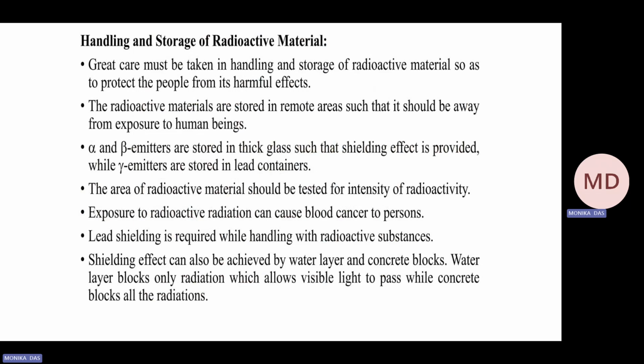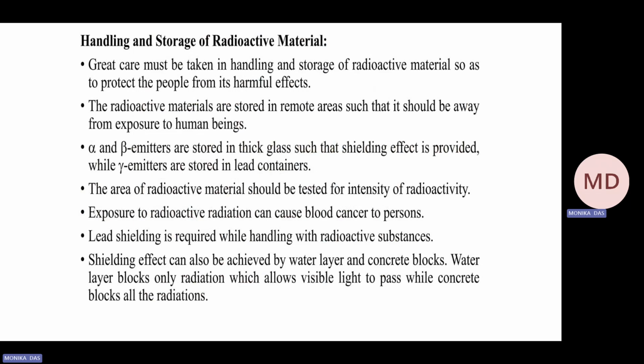Long-term use may cause harm. So, handling and storage of this radioactive material is very important. Great care must be taken in handling and storage of radioactive material, so as to protect people from its harmful effects.